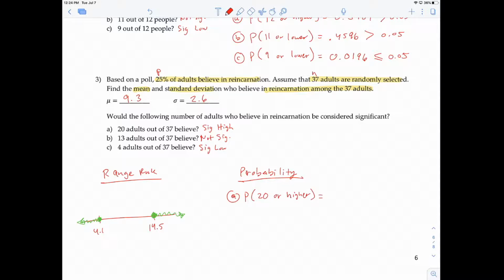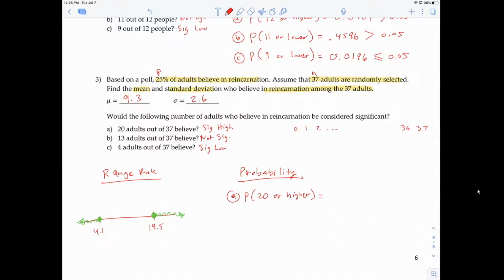Well, let's see. The number of people possible for believing in reincarnation when you randomly select 37 adults is 0 through 37, right? You can have no one believe in reincarnation all the way up to all 37 of them believing in reincarnation. And we want to find the probability of 20 or higher.